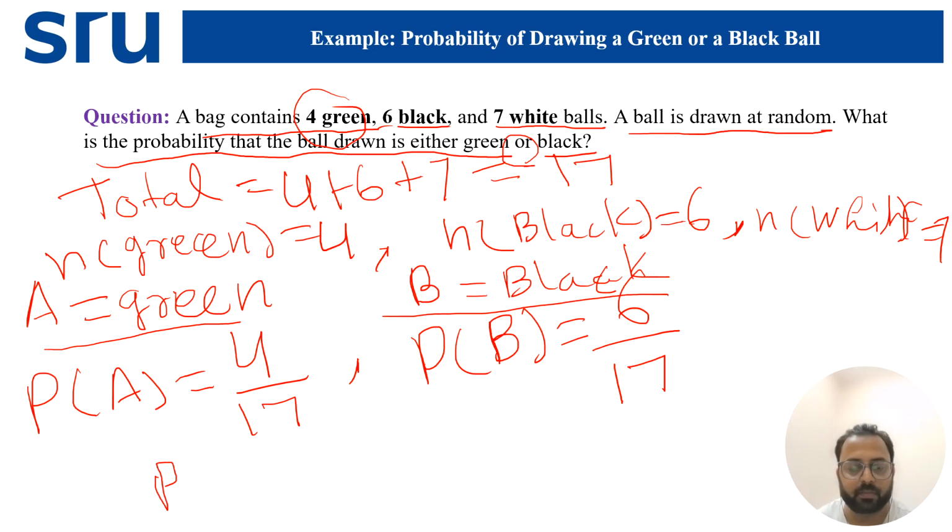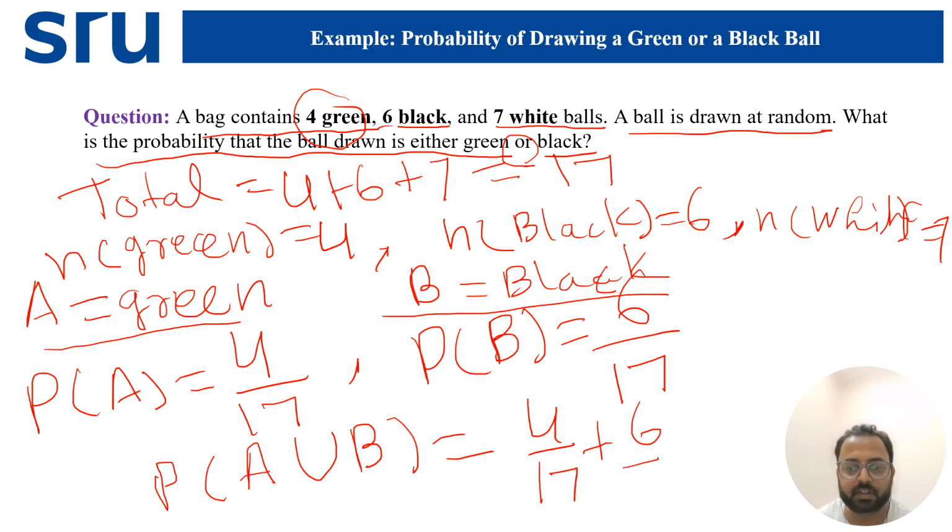So probability of A union B is 4 by 17 plus 6 by 17, which is 10 by 17. 10 by 17 is the required probability.